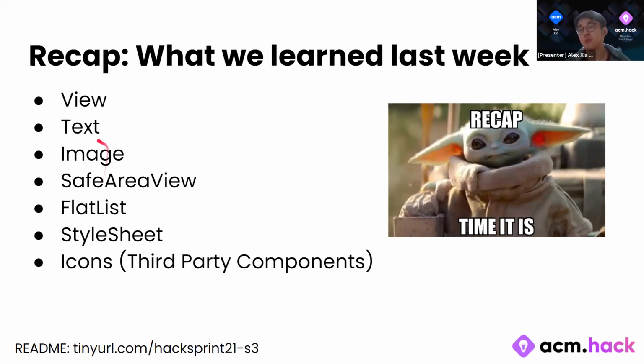Last week, remember, we learned about some components such as View, Text, Image, SafeAreaView, FlatList, StyleSheet, and icons, which is an example of a third-party component. You may think, okay, I learned all of these different things, but how do I make an app with these?